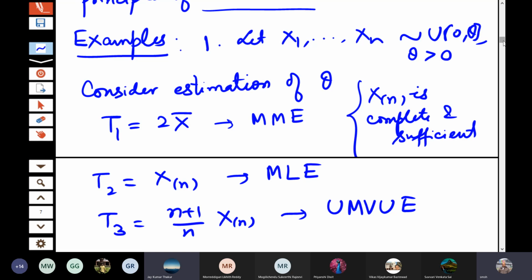Suppose this is some medical problem, or a clinical trial, or an industrial problem with some heavy duty experiment. So n is equal to say 5 or 6. Suppose I say n is equal to 5. So you will prefer to use 1.2 times the maximum, that is X5, compared to 2 times the mean of the observations.